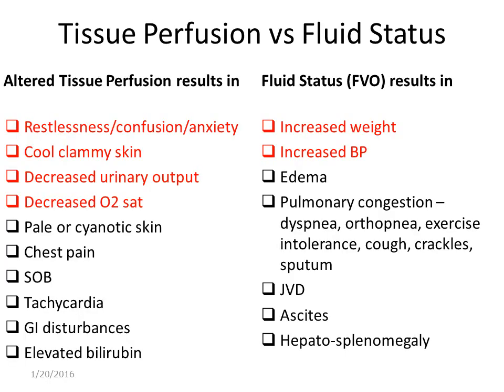I want to spend a second and talk about the difference between altered tissue perfusion and fluid volume overload, fluid status. This slide is very important. When we are talking about altered tissue perfusion, it means not enough oxygen and nutrients, not enough oxygen getting to the tissues.